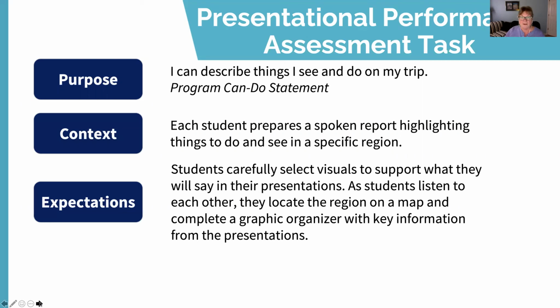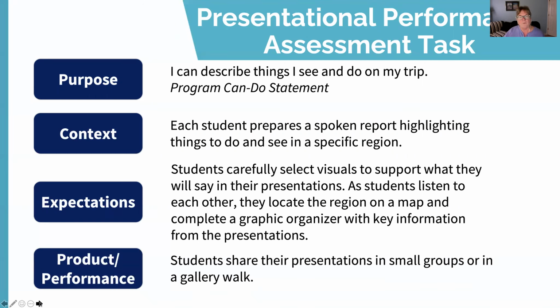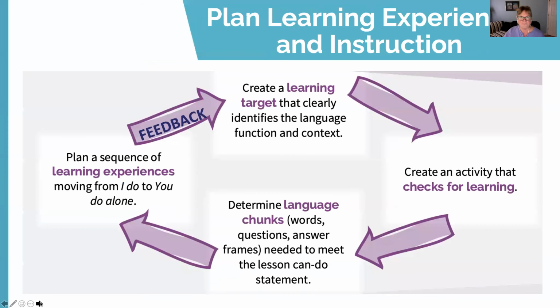Expectations, they're going to have visuals that support what they're going to say, very important at the novice level, and as they listen, they'll locate it on a map, they'll complete a graphic organizer. So that also defines the expectations for content. And the product will be what they share in this gallery walk or small group format, and possibly with parents at the end of the program. So each task should show some of what is expected in each of these 4 parts.